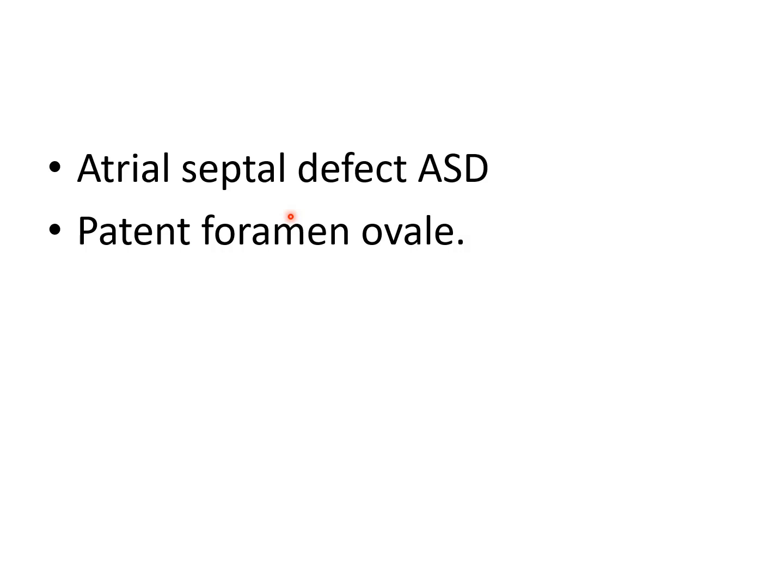This is again a common anomaly, and usually in this patent foramen ovale there is failure of closure of the foramen ovale. Remember, this is septum primum, this is septum secundum.